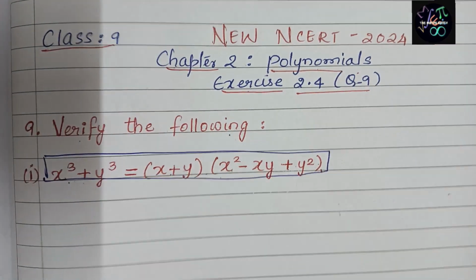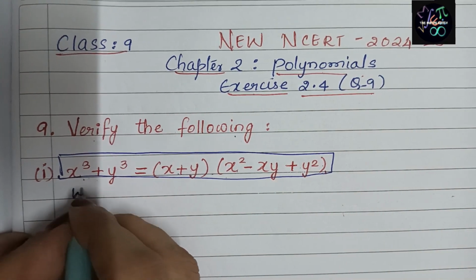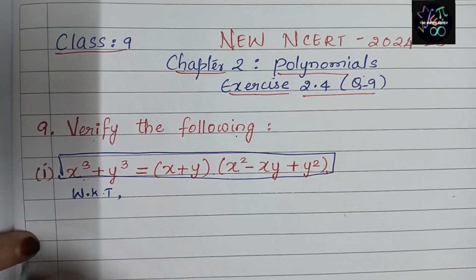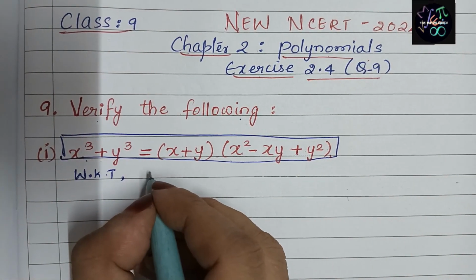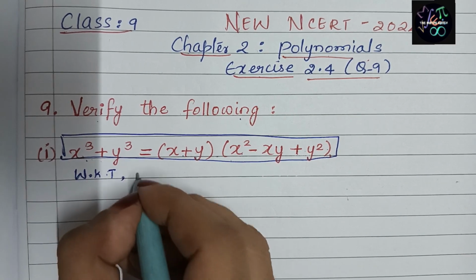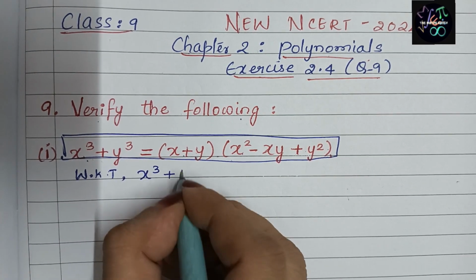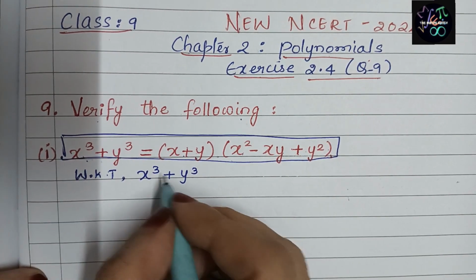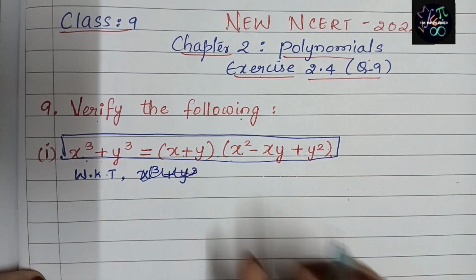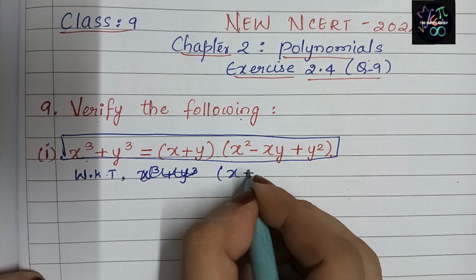To prove this, what will we take? We know a formula, and I'll take the help of the formula to solve this. The formula we know is (x plus y) whole cube.